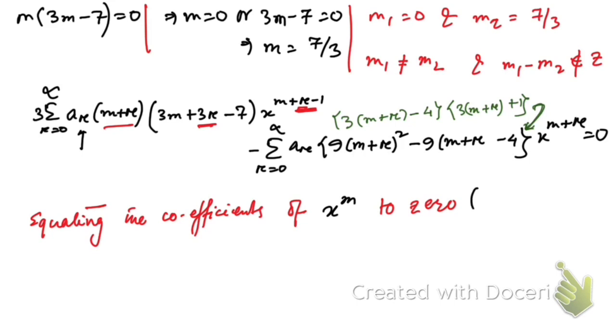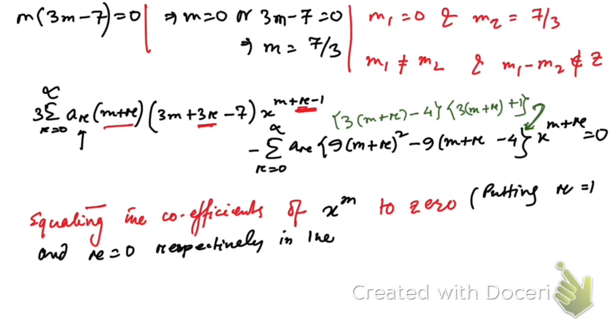We're going to put r is equal to, sorry, not 0, r is equal to 1 and then r is equal to 0 respectively in the first summation and second summation.